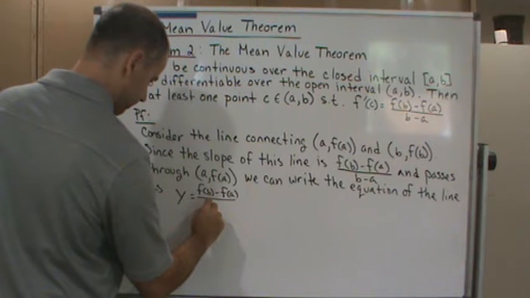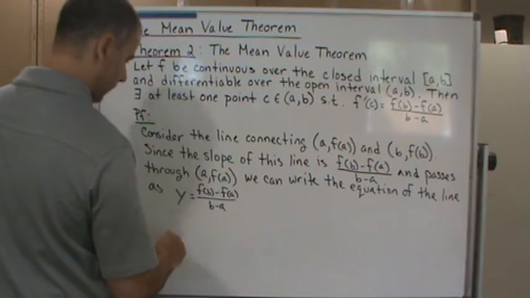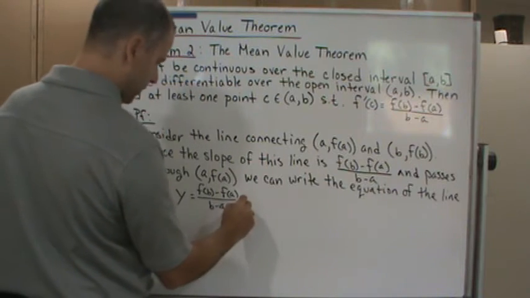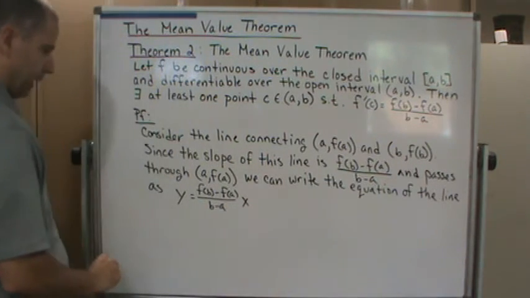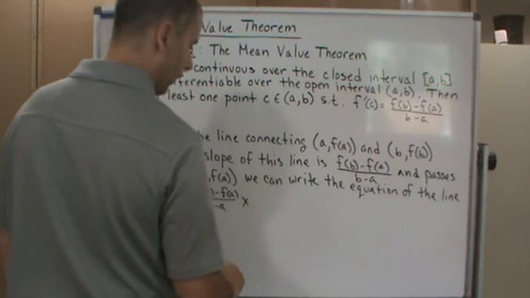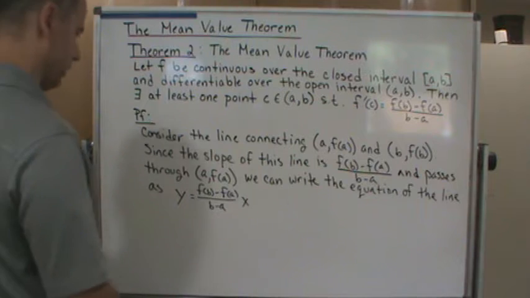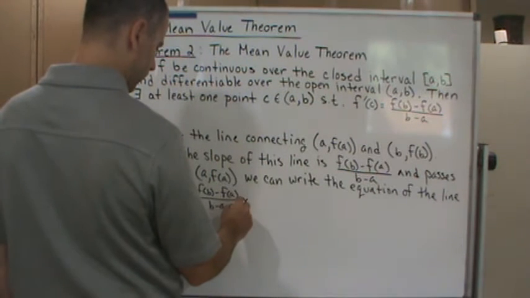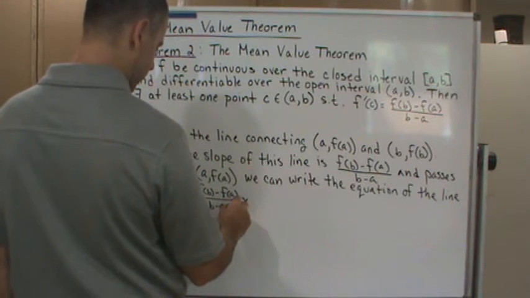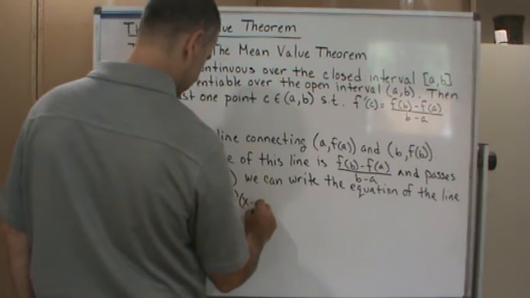So it's going to be y equals mx plus b, so this will be the slope, and then x minus a, right?